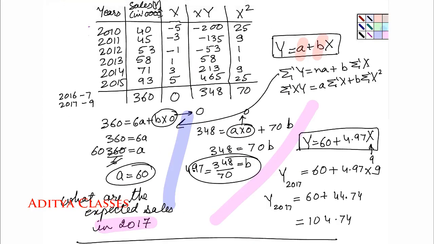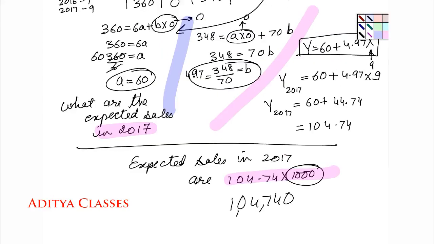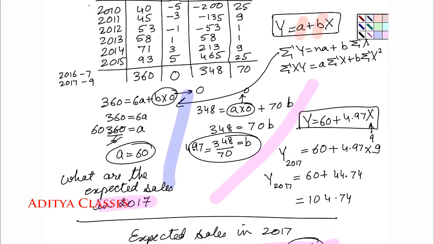Because all the values are given in thousands. So my expected sales would be 104740.